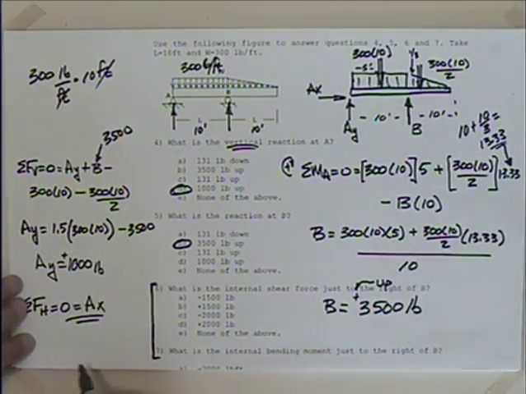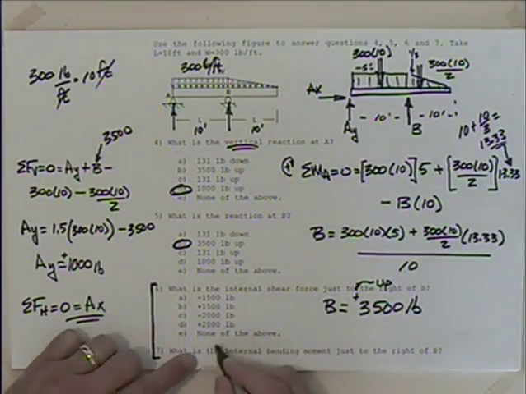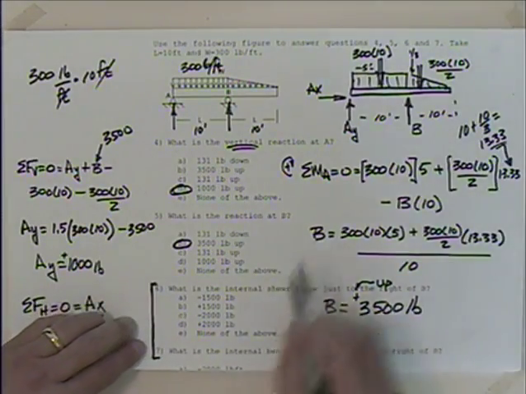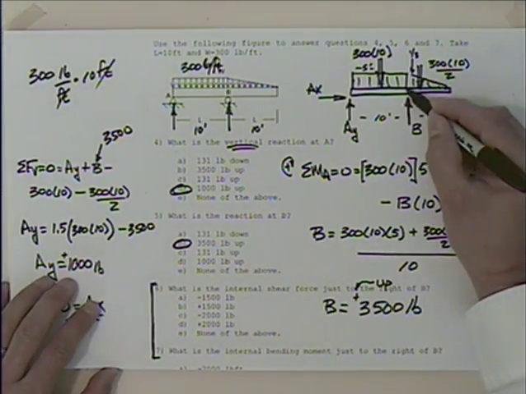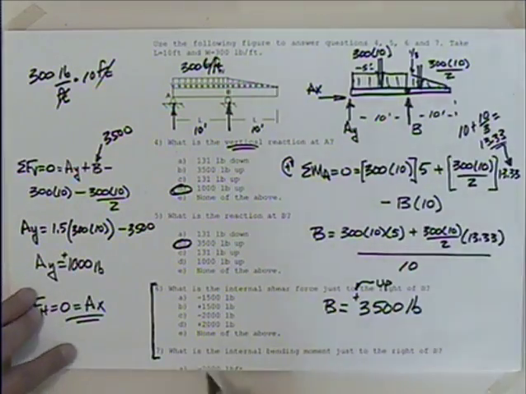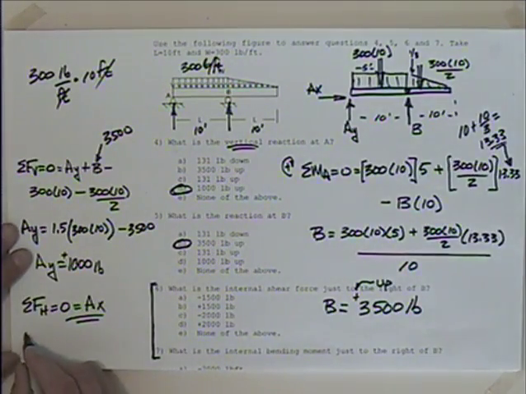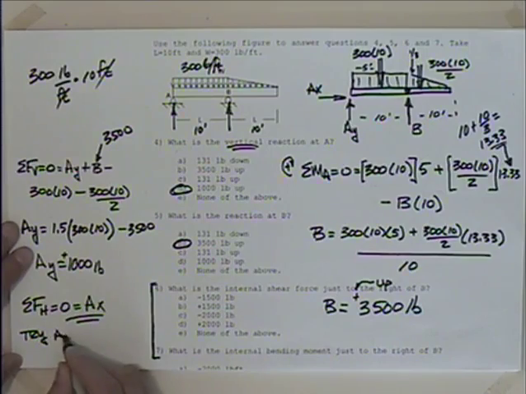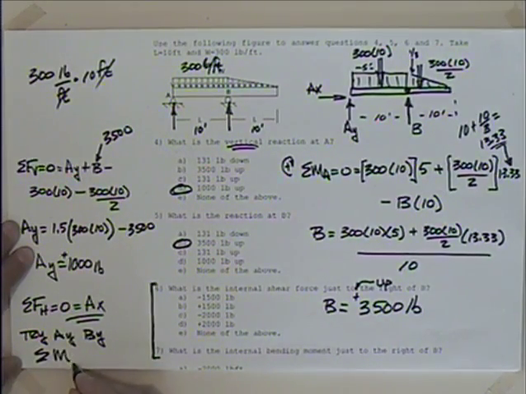Could we have got this AY a different way? Yeah. You could have got AY with summing the moments about B. And you might want to try that. So we could say try AY by summing the moments about B and setting those equal to 0.